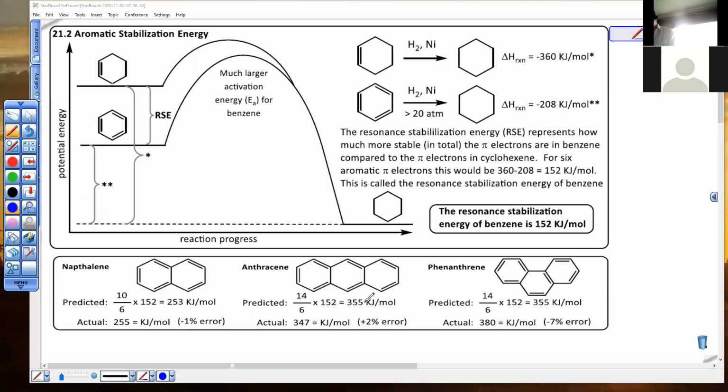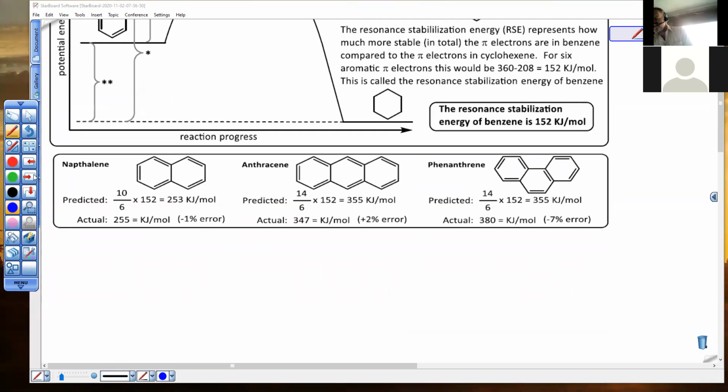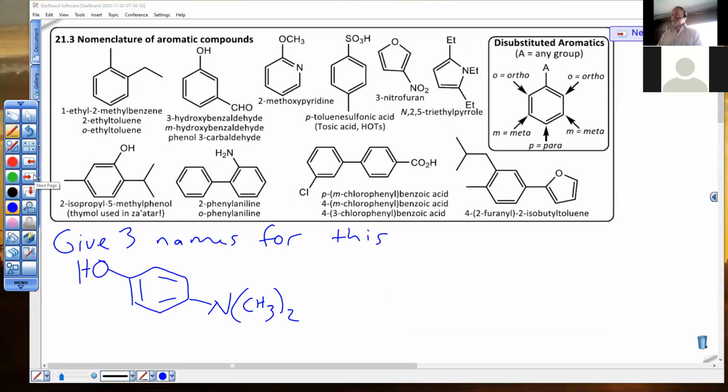And your result that you predict is within 2% of the actual. Phenanthrene is a little more off, but still pretty good predictor. Something to do with the geometry here. That would be a good study right there. It's probably been done. So that gives us resonance stabilization energy in a more quantitative sense.